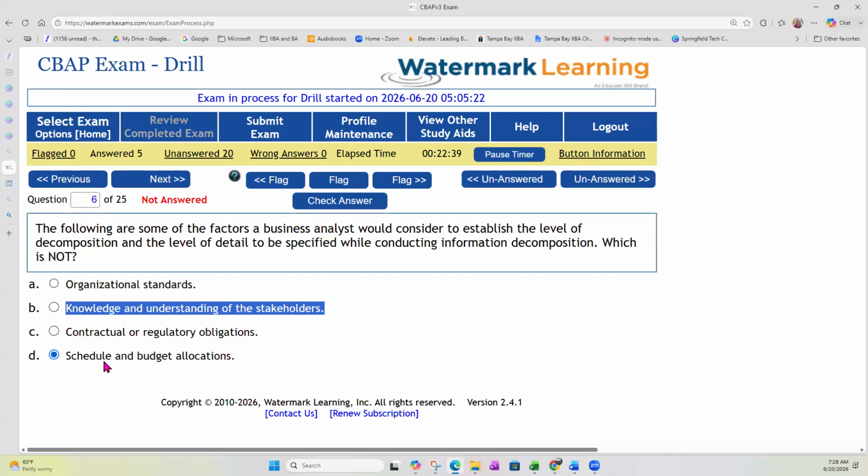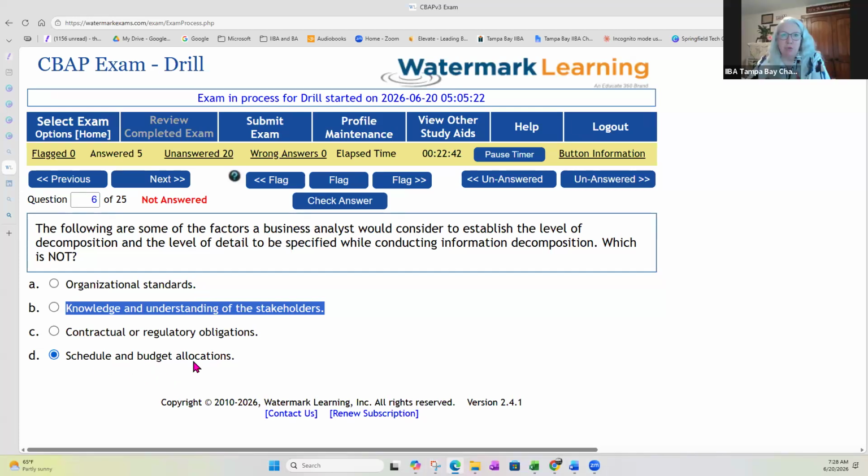The only way I can see schedule and budget allocations coming in there is if you're doing decomposition and grouping it by, we have to get this stuff done by a certain date, but that's not really decomposition. That's more scheduling. So I think it's D. Let's test it. We'll find out together. How's that?